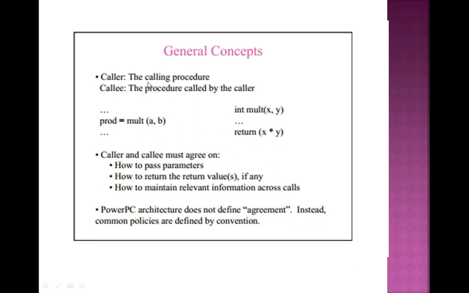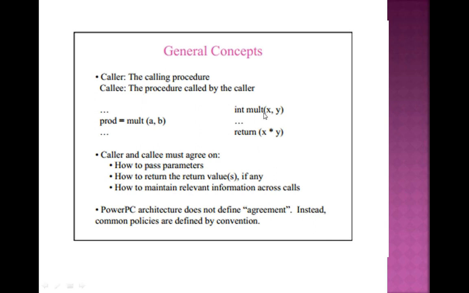One is your caller, that is the calling procedure, where we have to call the procedure. Then there is a callee, the procedure called by the caller. Means first of all we call the procedure, that is known as the caller, and the one we call is known as the callee.